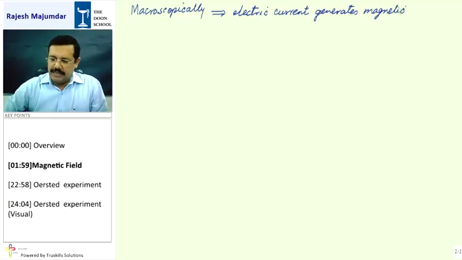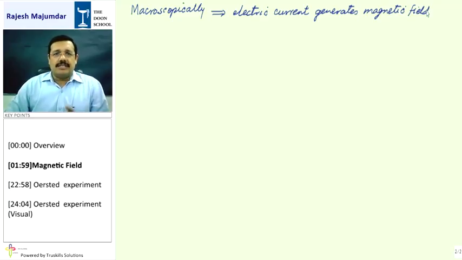Now we have to understand that magnetic field is another force experienced by magnetic poles of small objects which are known as magnetic materials.